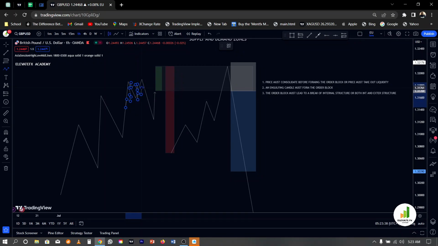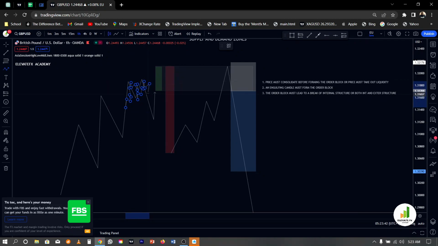So these little movements that are occurring here, on a smaller time frame, refer to internal structure. So what I'm saying is, preferably, price should take out this internal structure. The order block that is formed should take out all of this internal structure, right? And also, if possible, external structure. You can see that these were our major structural points, and price took out this external structure. These order blocks are more likely to hold as compared to others.